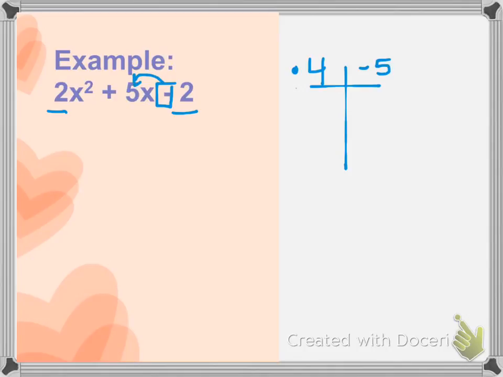Well, the only factors of 4 are 2 and 2 and 1 and 4. We are subtracting because the last term is negative. 2 minus 2 gives me 0. 1 minus 4 or 4 minus 1, it doesn't matter. Their difference is 3. Neither of those pairs of factors gave me a minus 5 when I was done.